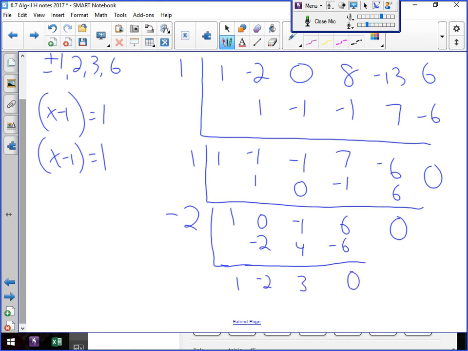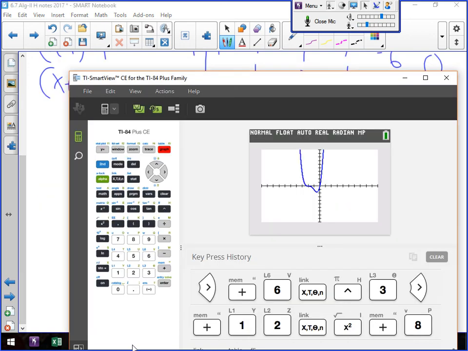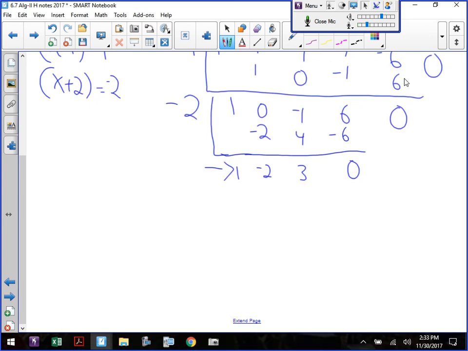There we go. So I have a 0 then at negative 2, so it's x plus 2. Now, this is my quadratic: x squared minus 2x plus 3.